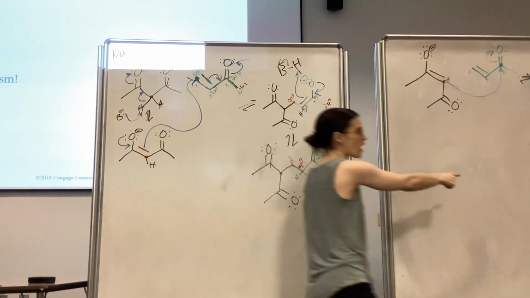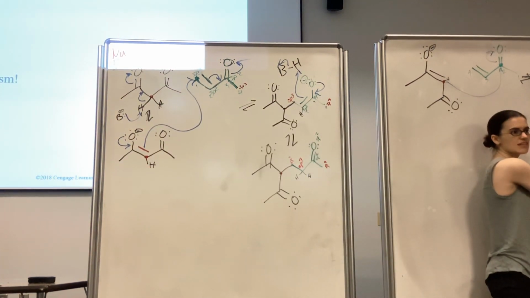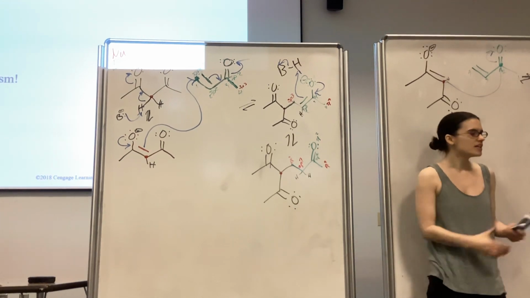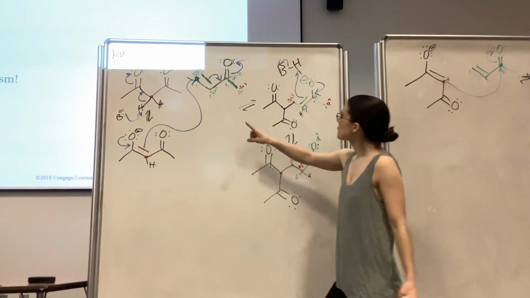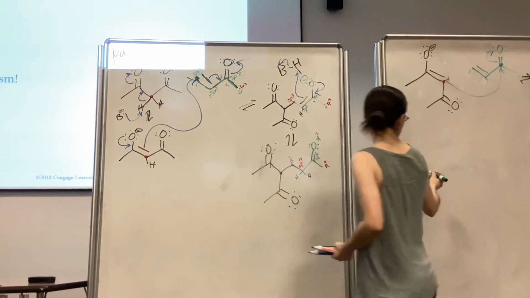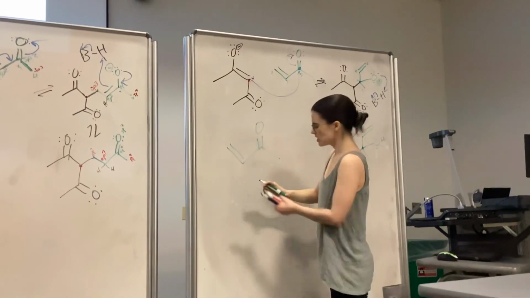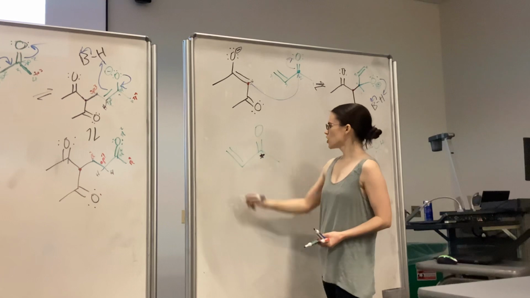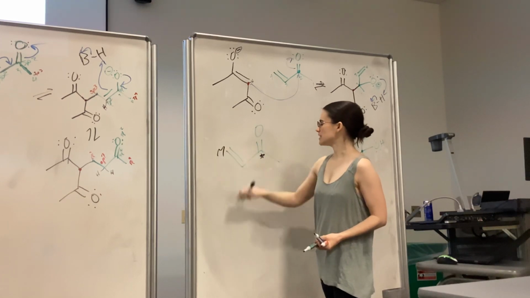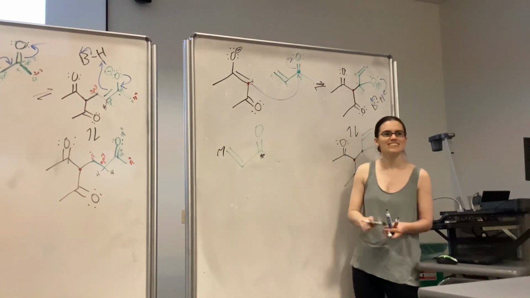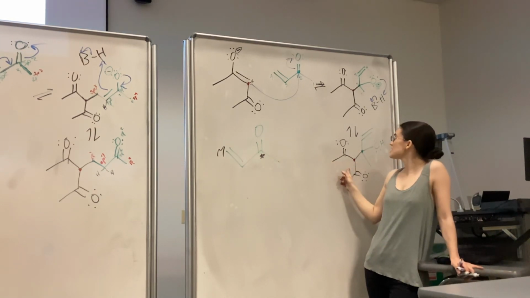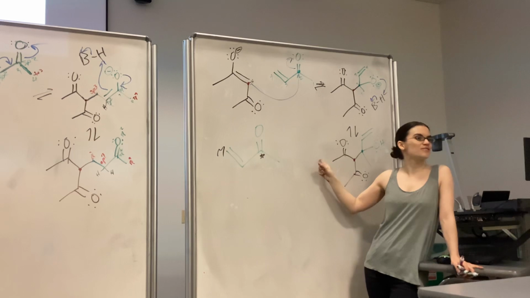What's the way we would try to get this kind of product if we just call this a generic nucleophile? Is there a way that we can use a specific type of nucleophile to attack here rather than here, for Michael addition? Well, we can get this product if none of this is reversible, right?